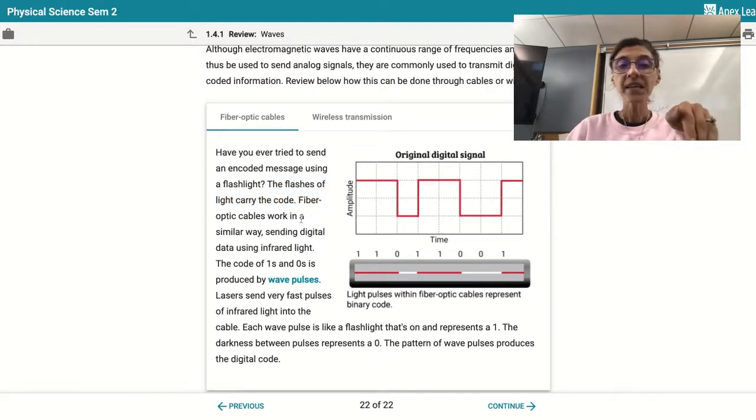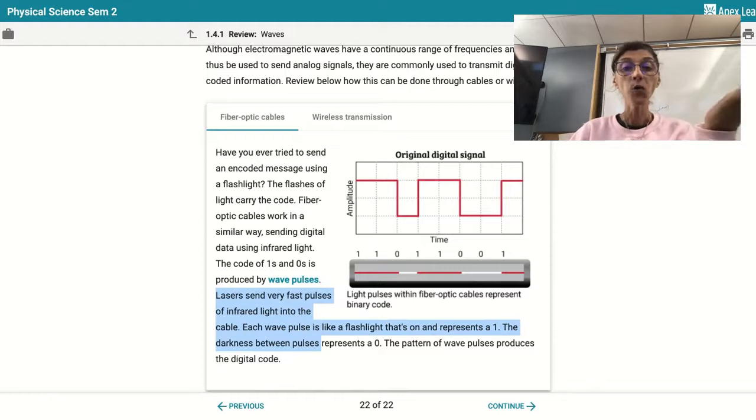The same thing is true for fiber optic cables. They send digital data through infrared light. Okay, that's like heat. The code of ones and zeros, that's the binary code, is produced by a wave pulse, and then lasers send very fast pulses of infrared light into the cable based on the code of ones and zeros that they received.